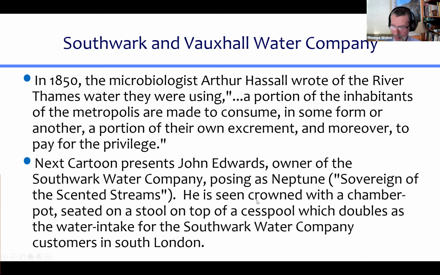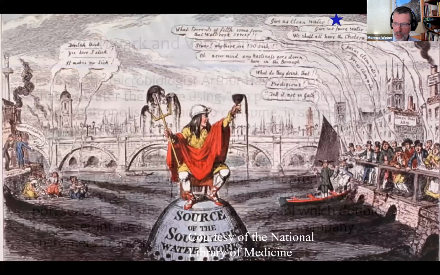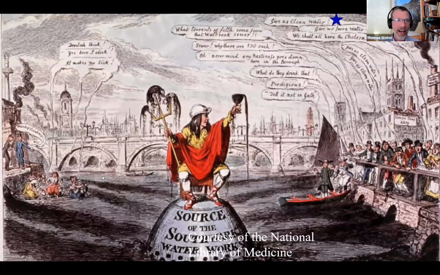So here's a cartoon about that, and I just want to highlight, you can see the black streams, which are representing sewage getting dumped into the Thames River, and then Neptune is sitting on the intake for the water supply and showing all this excrement coming into that water supply.